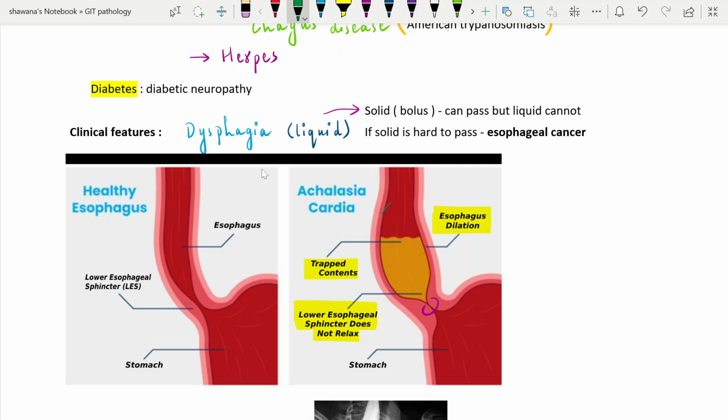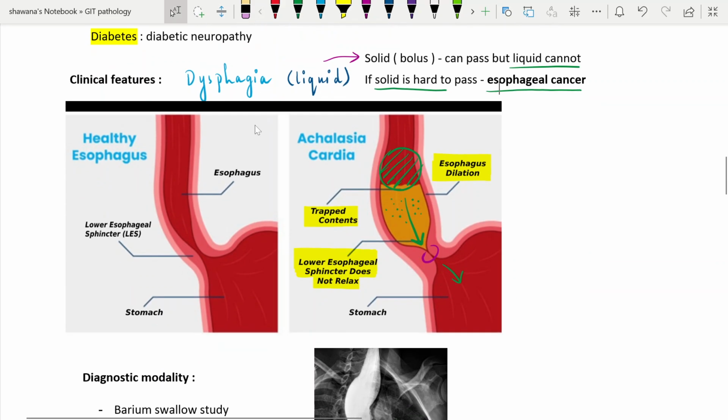When we ingest a bolus of food, due to its pressure, it can open that stenotic segment, and it can pass onward. But liquid has droplets, right? These droplets do not create such pressure as to open that stenosis. If solid is hard to pass, it's esophageal cancer. And when liquid cannot pass, it's achalasia cardia.